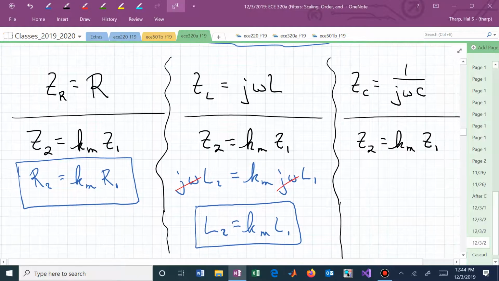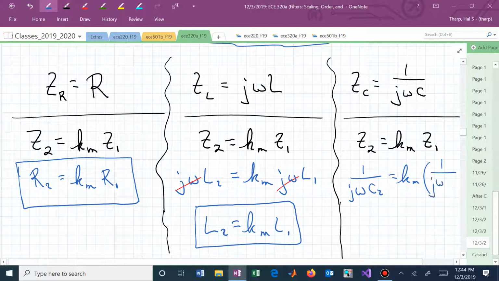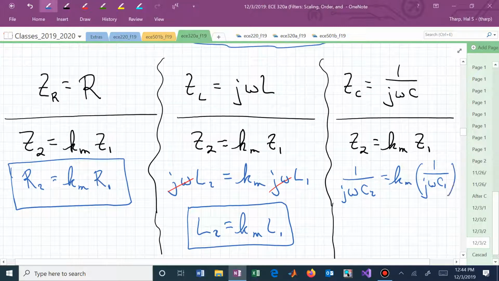Capacitors, because of this reciprocal behavior of their impedance, are going to be a little different. Z sub 2 is now 1 over j omega C sub 2. That's equal to K sub m times Z sub 1, which is 1 over j omega C sub 1. Again, we can cancel a couple of terms that are in the same location on either side of the equality sign without changing anything.